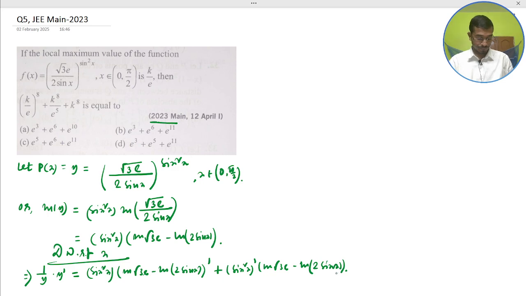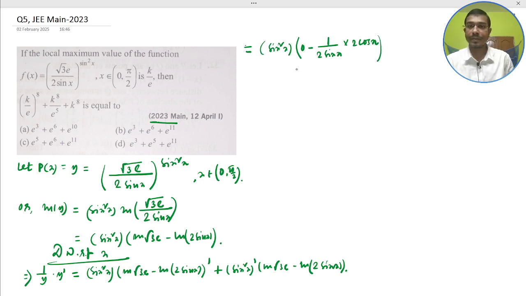So this would become sin²x as it is, and this would be 0 minus 1/(2 sin x) into 2 cos x, plus the differentiation would be 2 sin x cos x, and ln as it is, ln √(3e) minus ln 2 sin x.